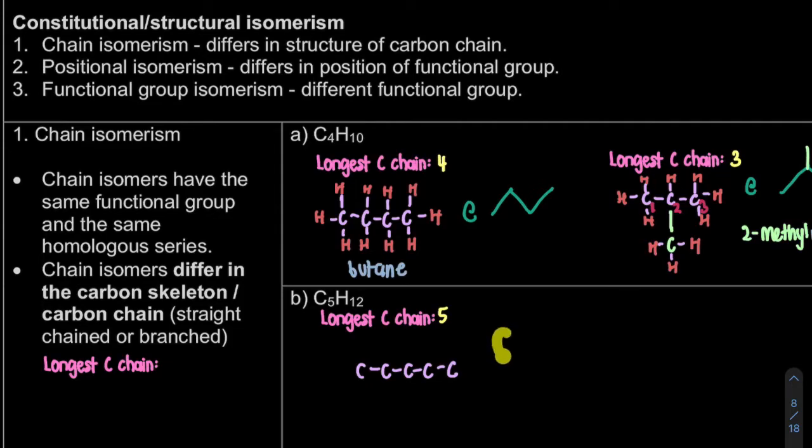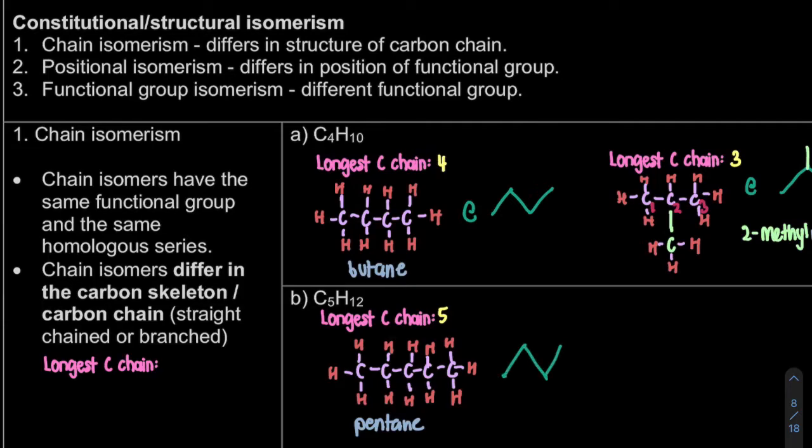Remember, carbon must have 4 bonds and be bonded to hydrogen. Here the longest carbon chain is 5, which is pentane. For the skeletal structure, it will be 1, 2, 3, 4, 5.